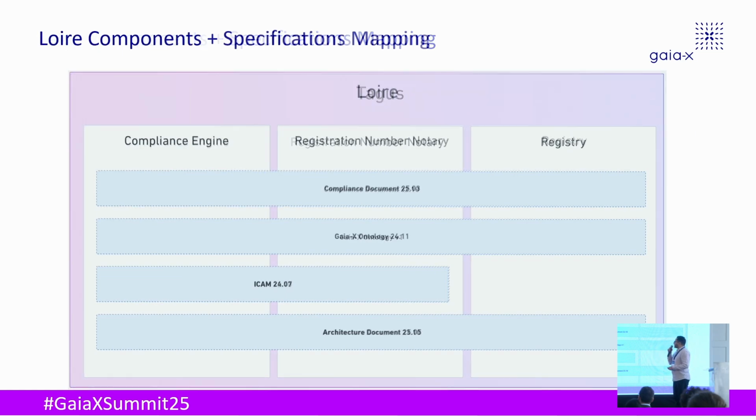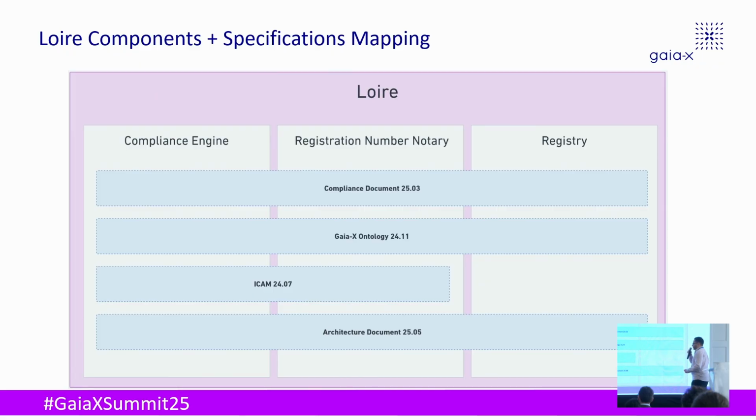And if you go to the next part, it's exactly the same thing, but with the Loire version. So now we have again the three components, the compliance engine, exactly the same components as Tagus, the registration number notary, and the registry. And again, a quick reminder, because some of you might have seen in the presentation yesterday the level 2 and 3 certification.